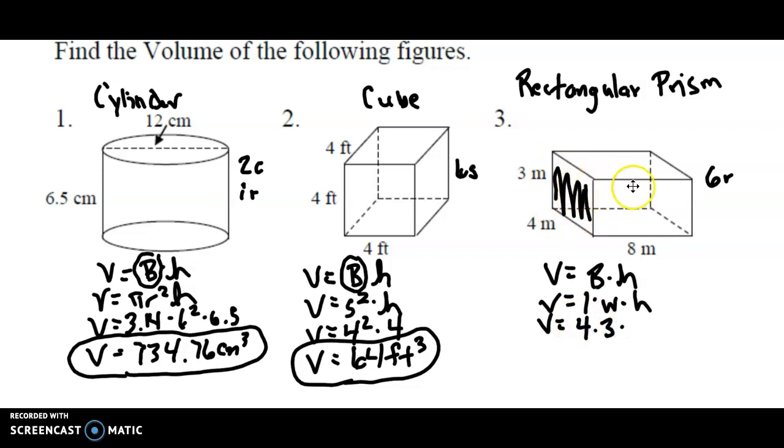And the height would be the distance between the two rectangles that we're saying are the bases, so that would be the parallel ones. The distance in between is 8. For a rectangular prism, just make sure you use all 3 of the numbers and you'll get it right. Then when I multiply this, I'm going to get 96 meters cubed.